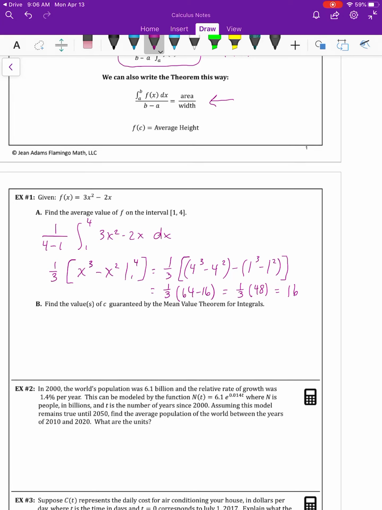But then I went ahead and put my e to the, and when I put 20 in, I got 0.28 minus e to the, when I put 10 in, I got 0.14. And then I used my calculator and got approximately 7.532, and this would be billion people.